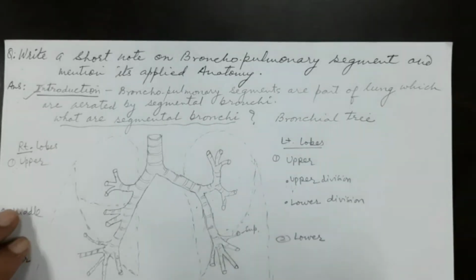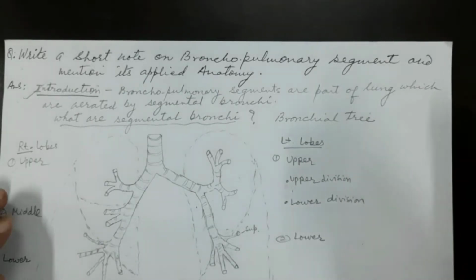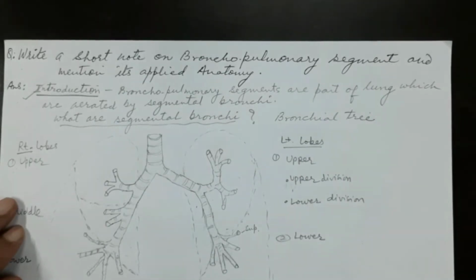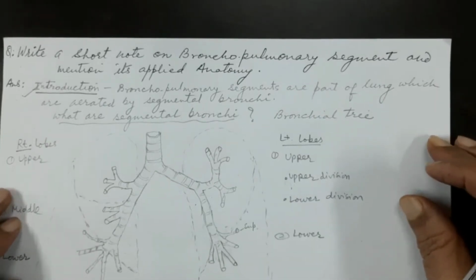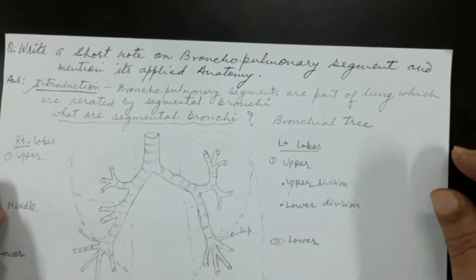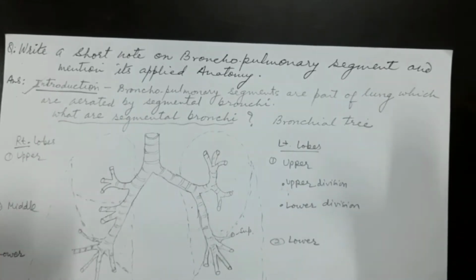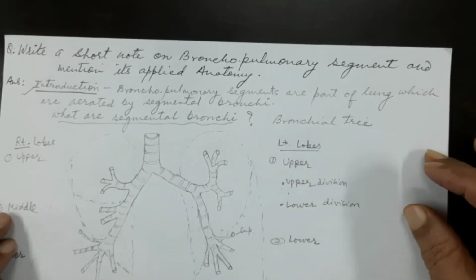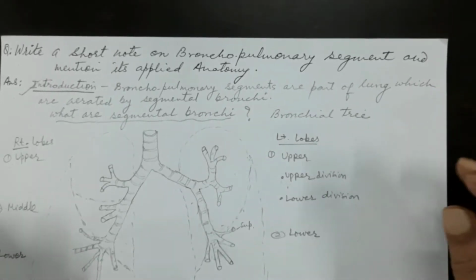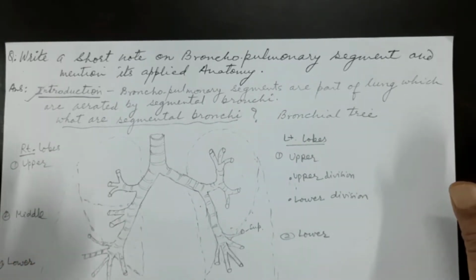Now these bronchopulmonary segments are the parts of a lung. A lung is divided into almost 10 segments on the right side and 10 segments on the left side. Each individual segment is aerated by a single segmental bronchus.